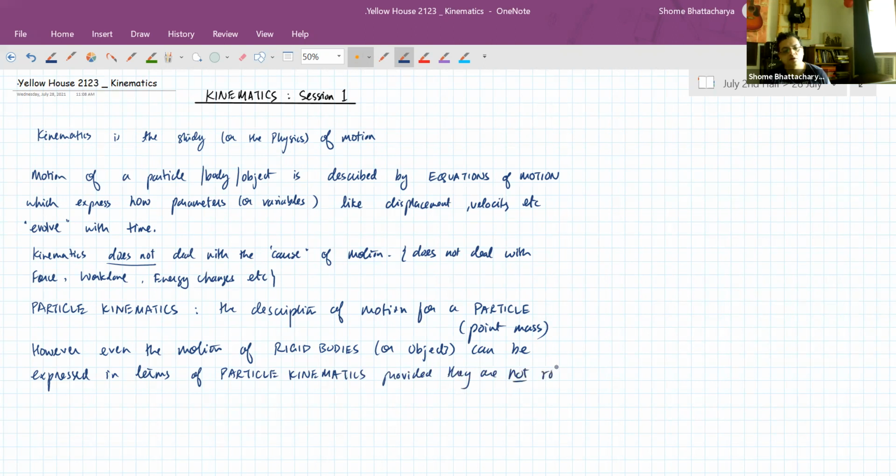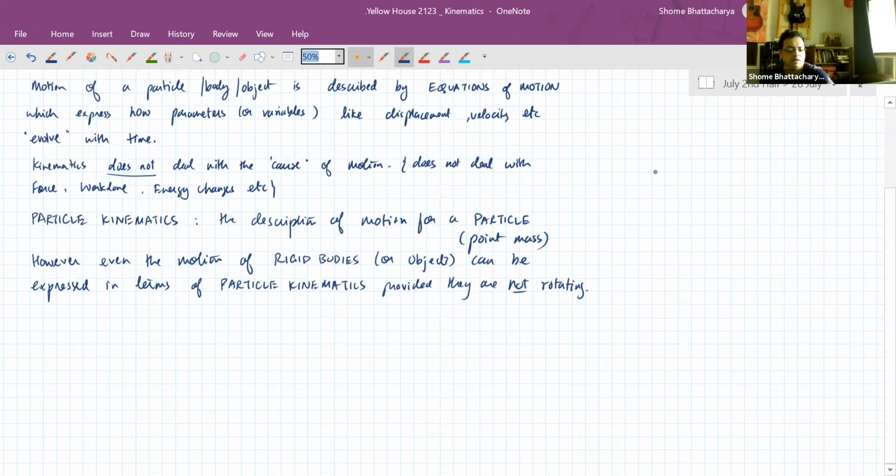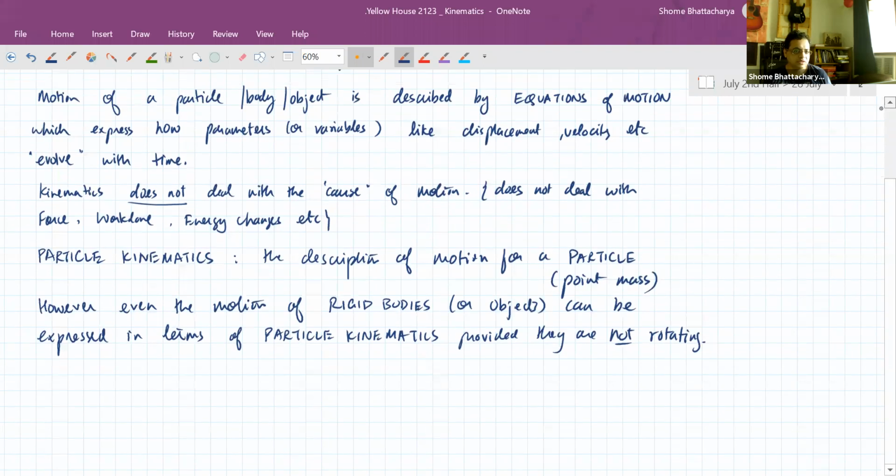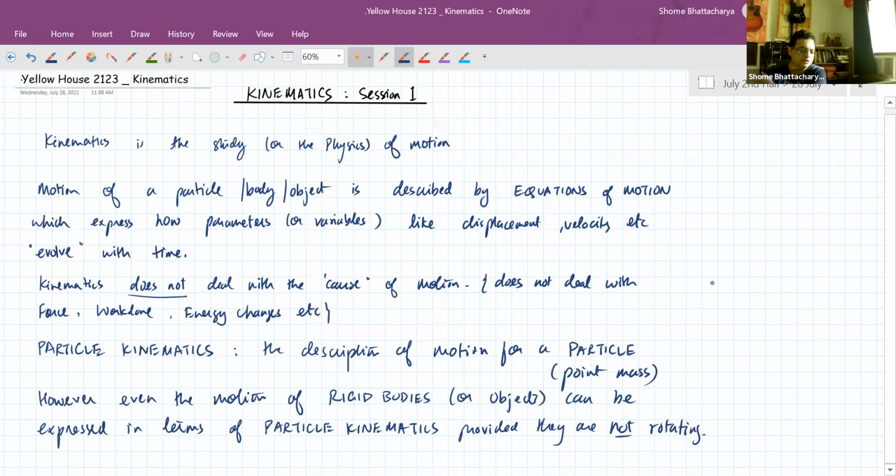So this is something very important, and I'll explain this with examples. Such motion is called pure translation. I'll elaborate further on that point, but just go through this section once and make sure you absorb this information. You can write down the key points if you like.